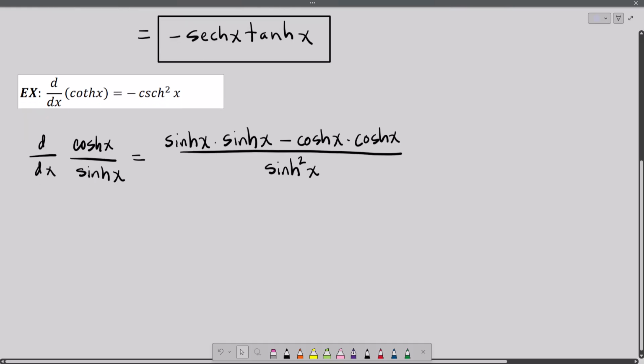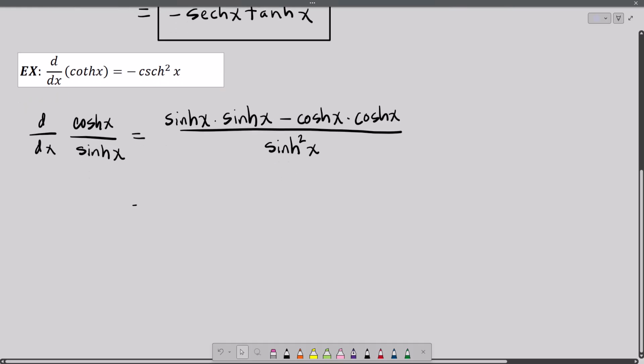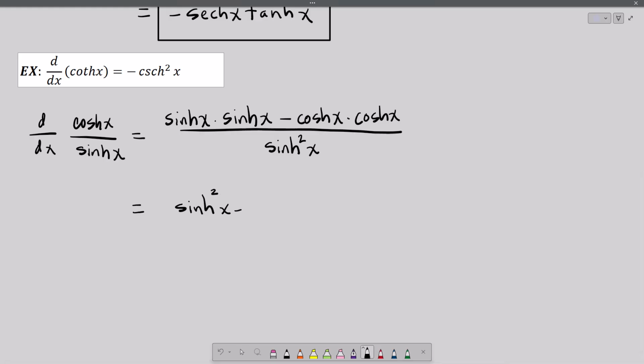So the numerator, we get sinh squared minus cosh squared. And what does that numerator equal? -1. Remember cosh is the hanging cable. That one's above sinh. Sinh is below it.